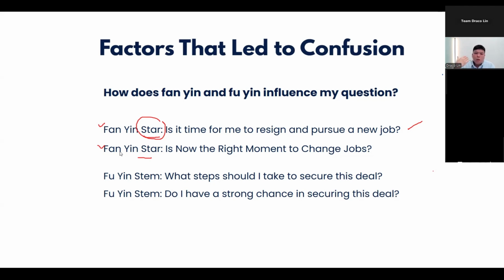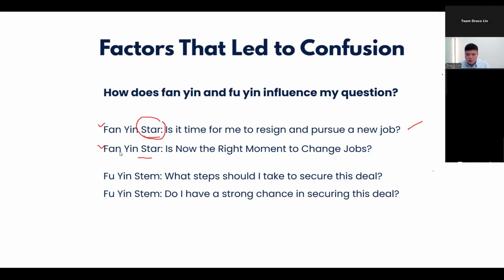So you look at this: is it time for me to resign and pursue a new job? When this person has to ask this kind of question, it means that at this current moment, this person really has the intention to change a job.